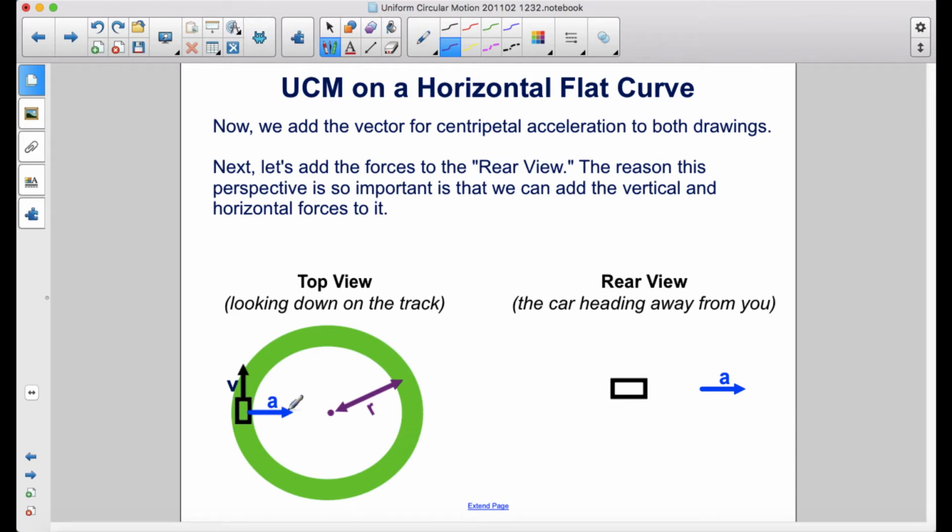So we have this a towards the center of the circle here, and here's the rear view of the car. Here are the tail lights, here are the wheels. It's going into the computer screen away from you, and the acceleration is towards the center of the circle to the right. The reason why this perspective is so important is that we can add the vertical and horizontal forces to it.